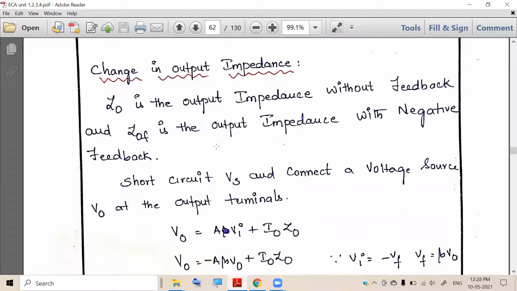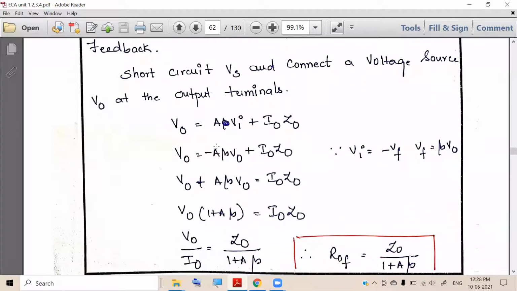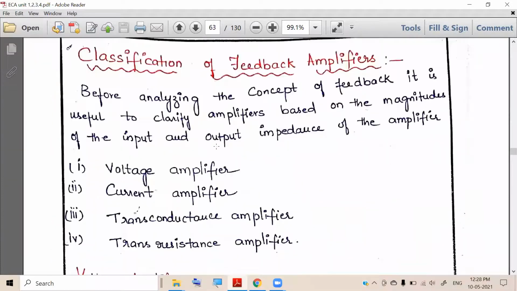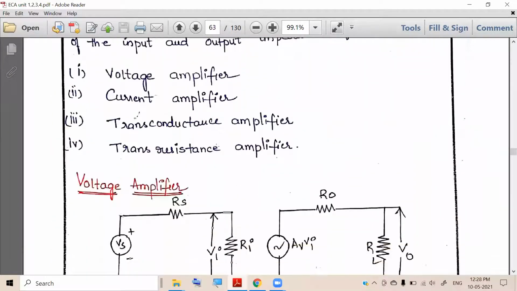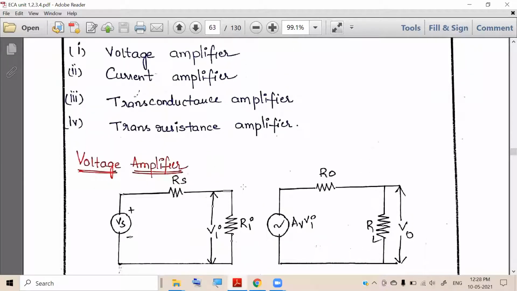Using these, we can construct an amplifier. So this is how an amplifier circuit looks like. Vs and Rs are the input, RL is the load, and everything else is the amplifier.